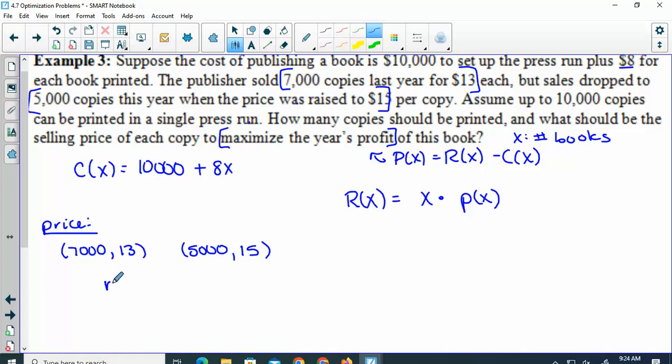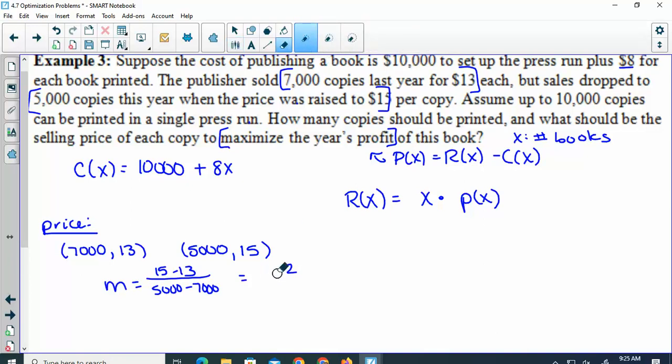We need our slope, y2 minus y1 over x2 minus x1. So the slope is negative 1 over 1,000.